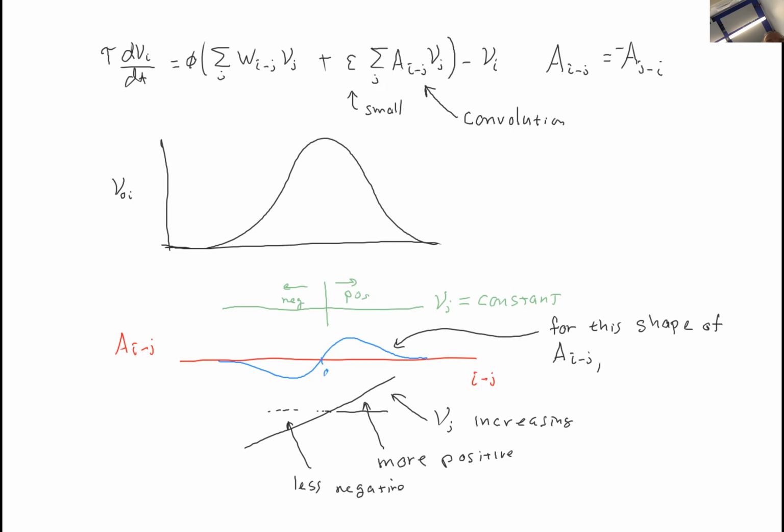Okay, so the sum on j of A I minus j nu j is positive if the slope of nu j is increasing. So it's basically positive for positive slope, and it's negative otherwise.